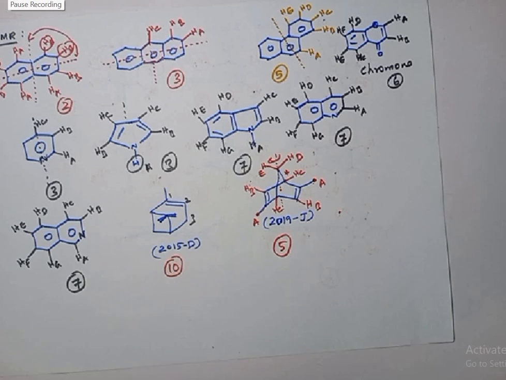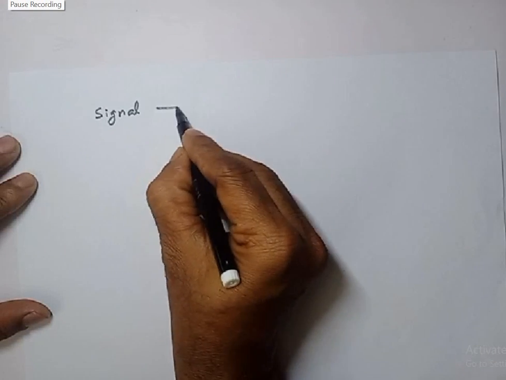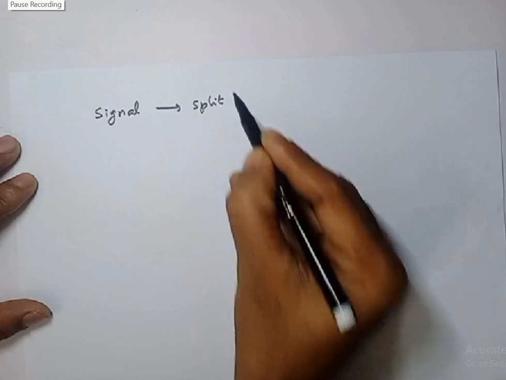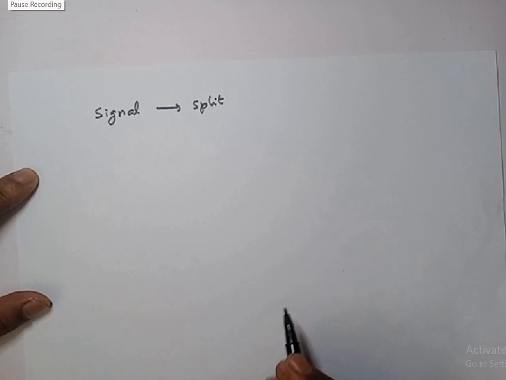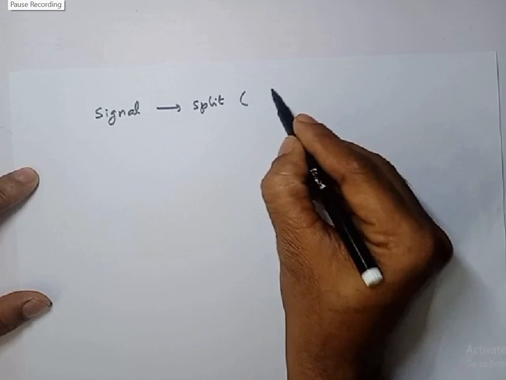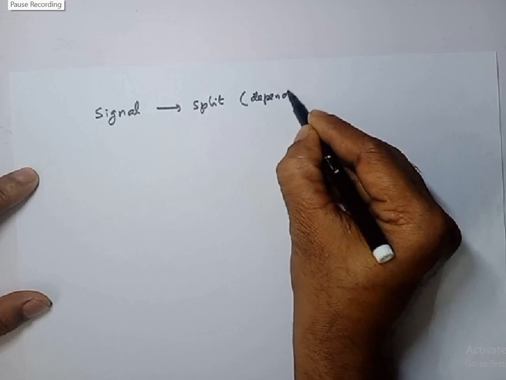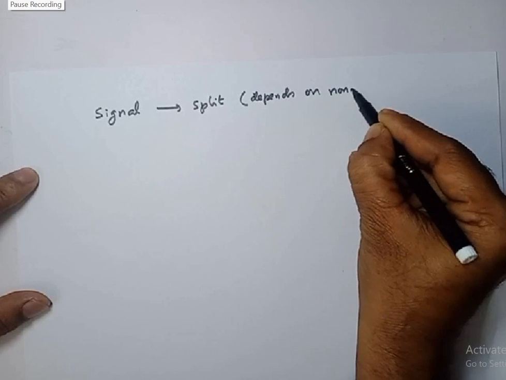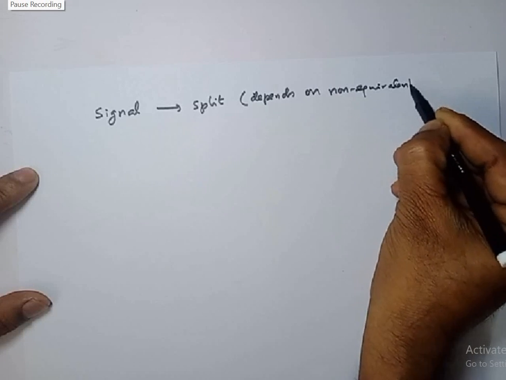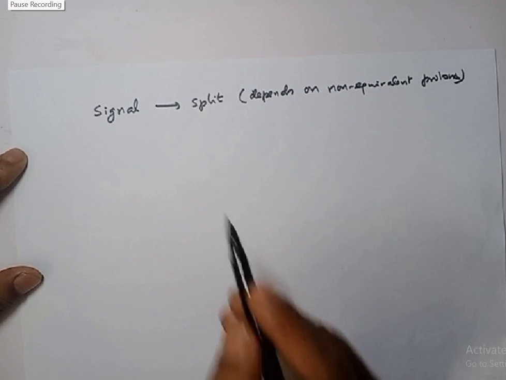Okay, take 2. Listen. Suppose we have a signal, and the signal gets split into 2 or 3 or 4. It depends upon the non-equivalent protons present, how many non-equivalent protons are present.